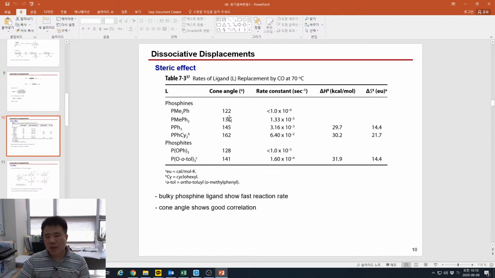If the cone angle is getting bigger, the rate constant is faster. It means that a bigger cone angle ligand can be easily removed from the transition metal because the cone angle generates steric hindrance.